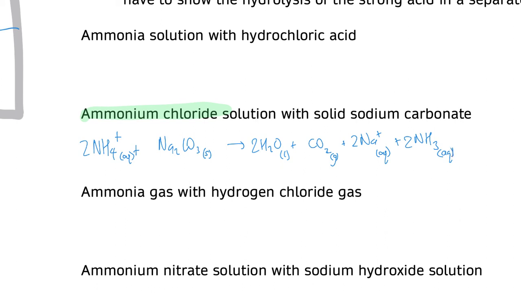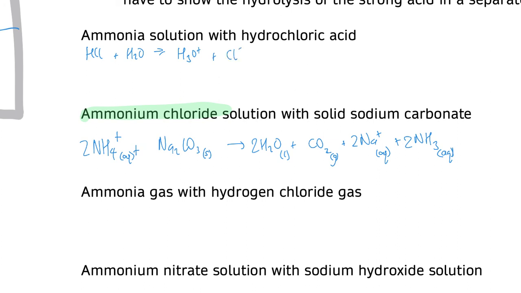So even though the ammonium chloride is a weak acid, it's the ammonium part which is the weak acid, which doesn't get split, so the chloride can be split from it. Does that clear that one up a bit? Do you want to have a look at the ammonia solution in hydrochloric acid? The hydrochloric acid does undergo hydrolysis, so it forms H3O plus and Cl minus.